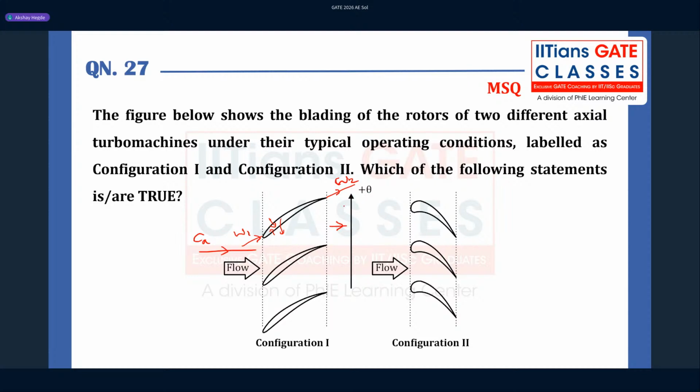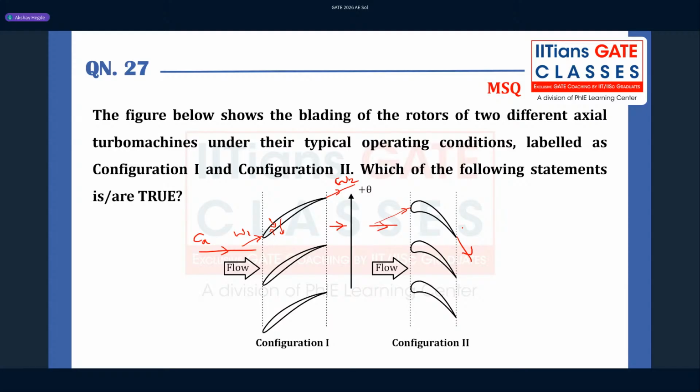So what configuration gives you the relative velocity vectors to be in the same direction? That means it is a compressor, right? Similarly, if you look at this condition, flow is coming in this direction, the blade is receiving fluid in this direction, whereas the relative velocity leaving the blade is in this direction. So there is a directional change for the velocity vector.